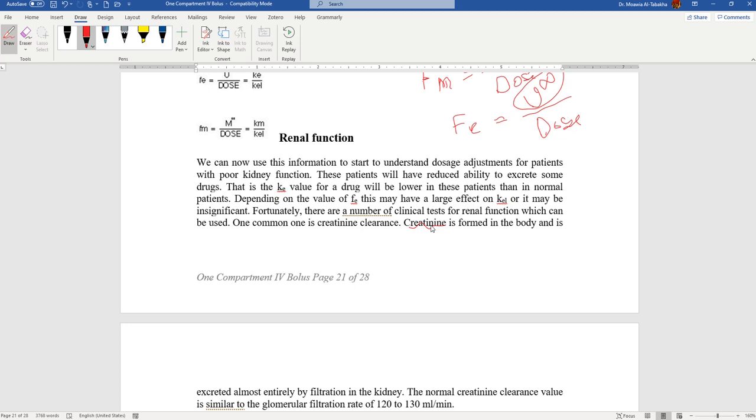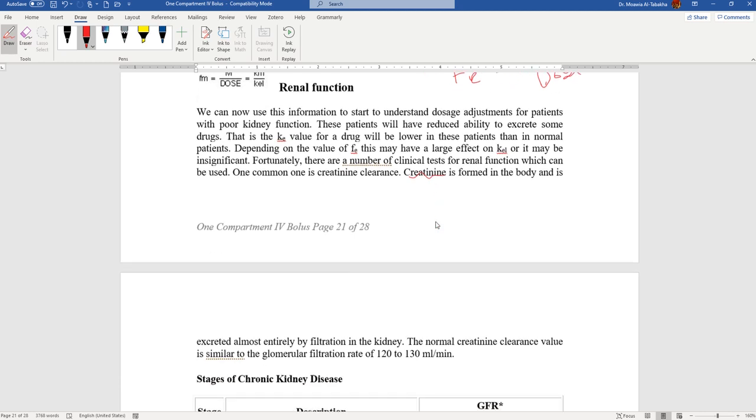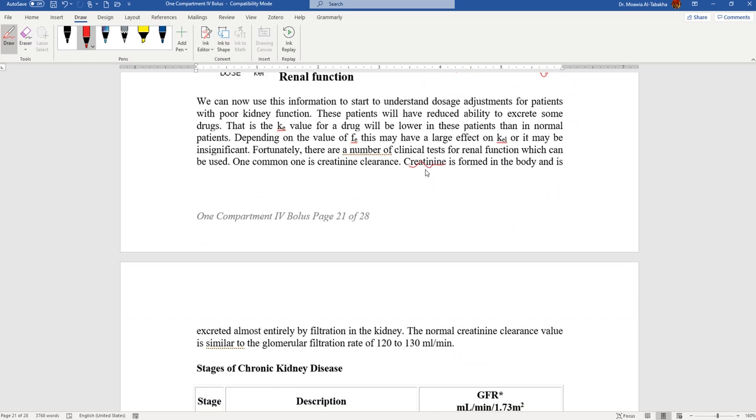Okay, meaning creatine phosphate gets metabolized to get energy, and this will leave creatinine. Creatinine will be in the bloodstream, and from the bloodstream it goes through the kidney, and it's mainly filtered. In the kidney, what happens? It's mainly filtered in the kidney.